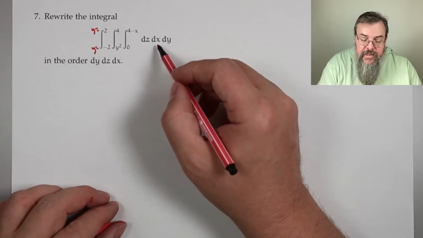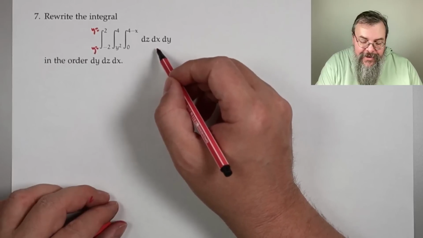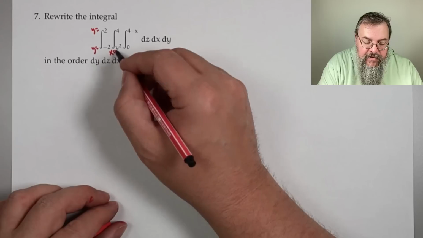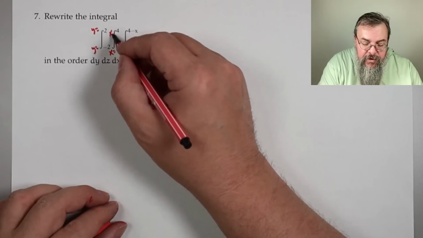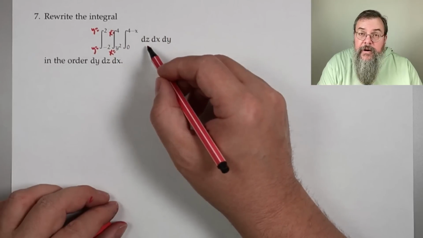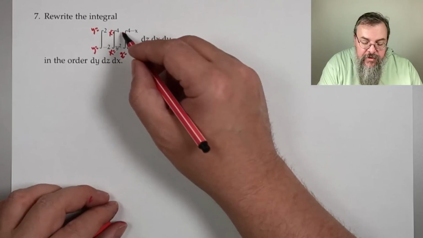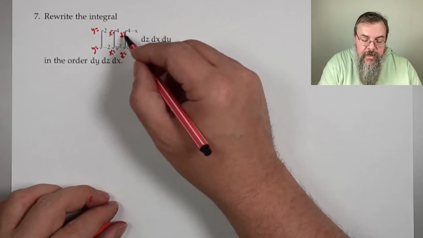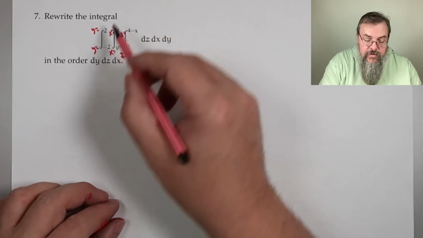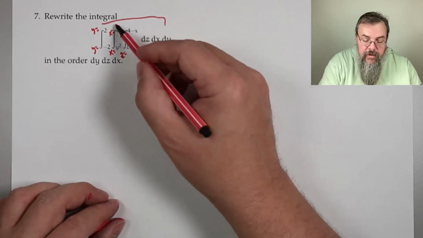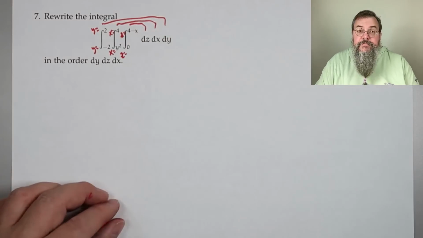Our middle layer is an x, so x equals 2 to x equals 4. And then our innermost layer, z equals 0 to z equals 4 minus x. Okay, so it's just doing our classic pair things up.